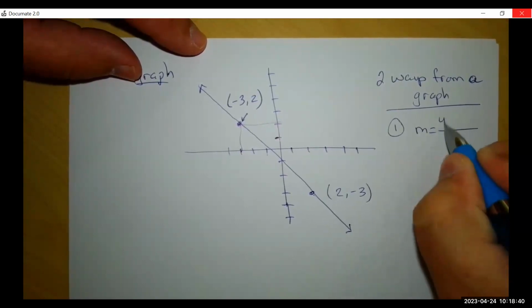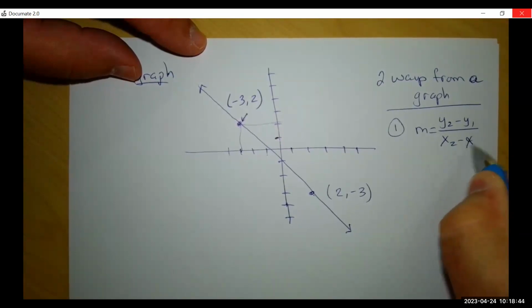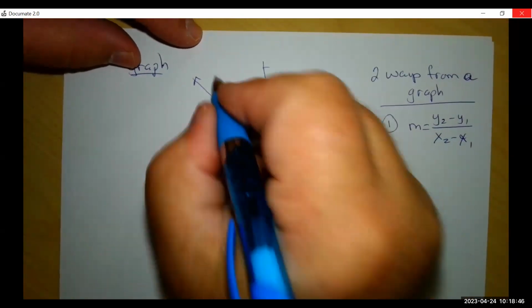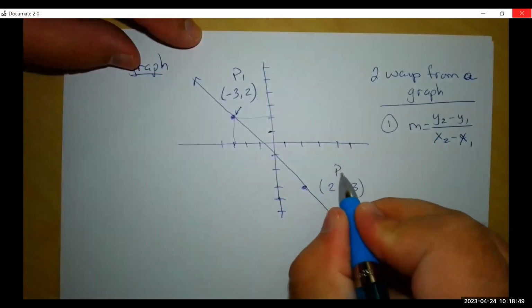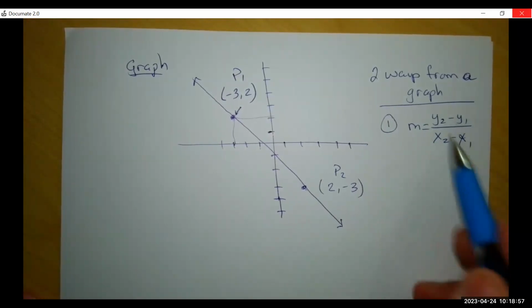Since we have 2 points, we have point 1 and we have point 2. Since we have the locations of those 2 points, can we plug them into the equation?